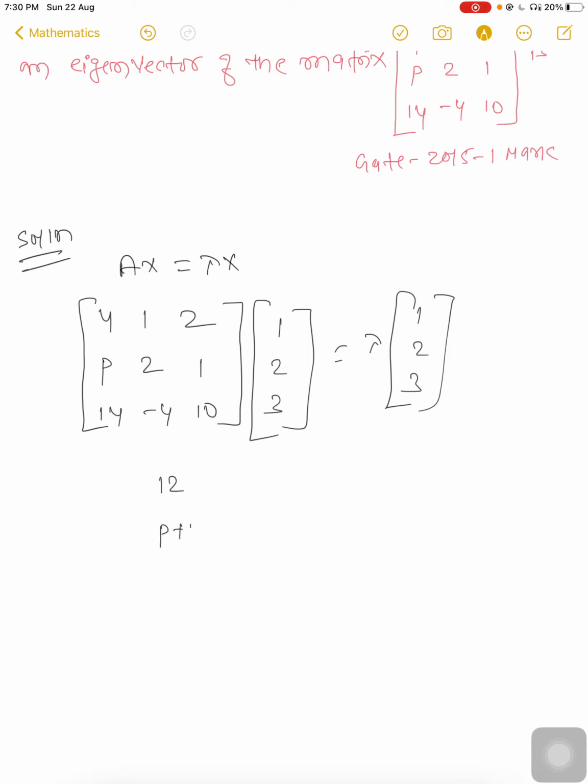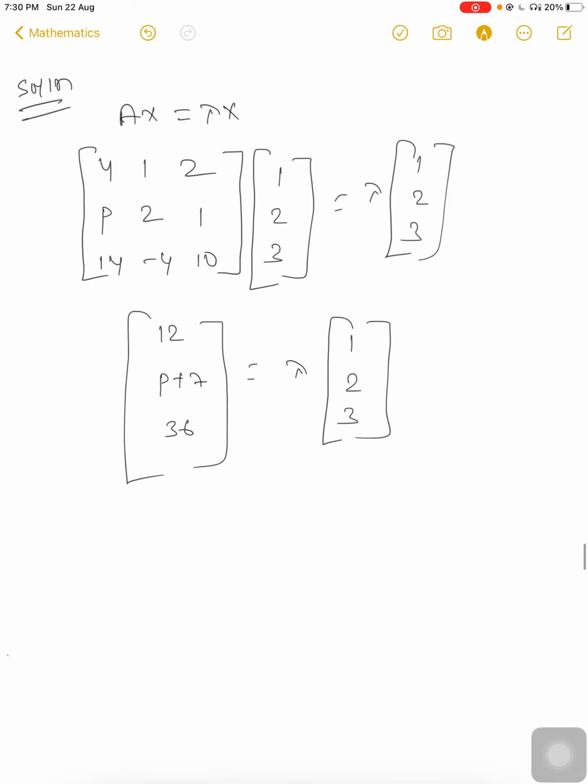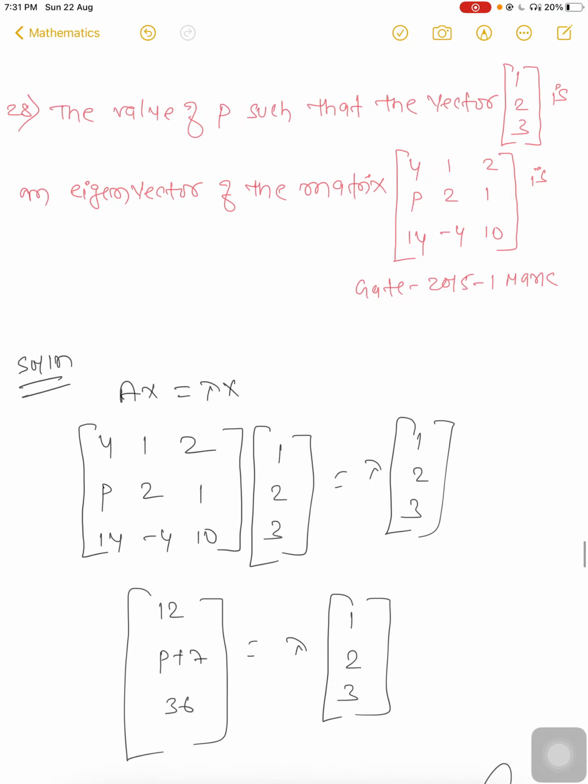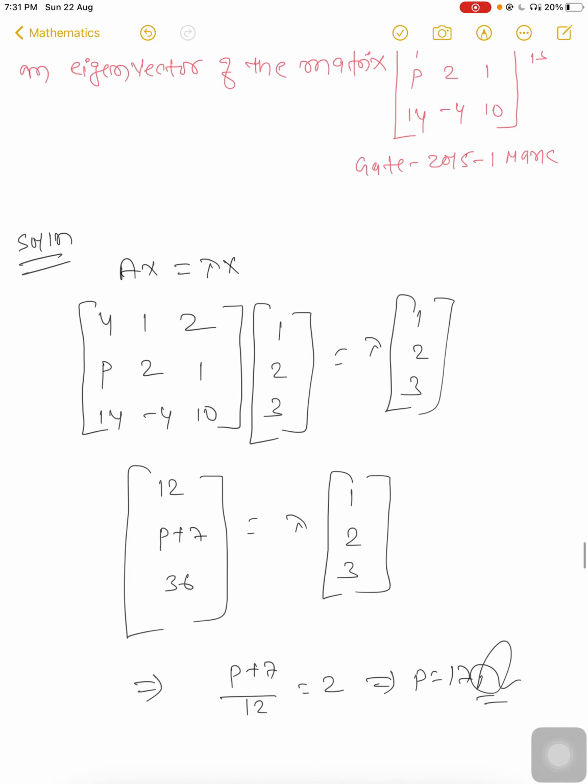Okay. Now after simplification you will get 12 P plus 7 and 36, equals lambda times 1, 2, 3. Then you will get P plus 7 by 12 is equal to 2 and you will get P is 17. Right answer will be 17. Okay.